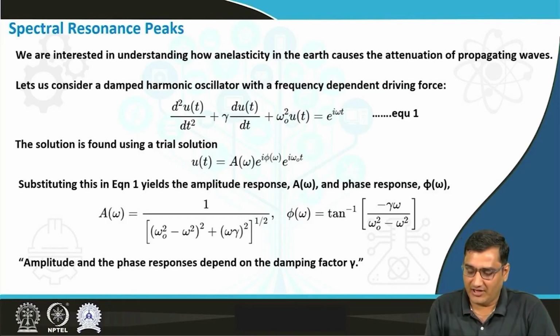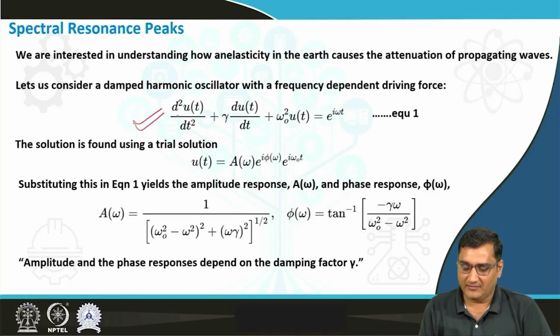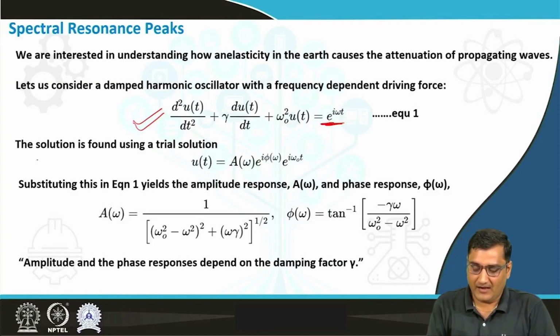The formula for the driven damped harmonic oscillator will be something like this: d square u(t) by dt square plus gamma du(t) by dt plus omega naught square u(t) will be equal to the driving force, that is e to the power iota omega t.